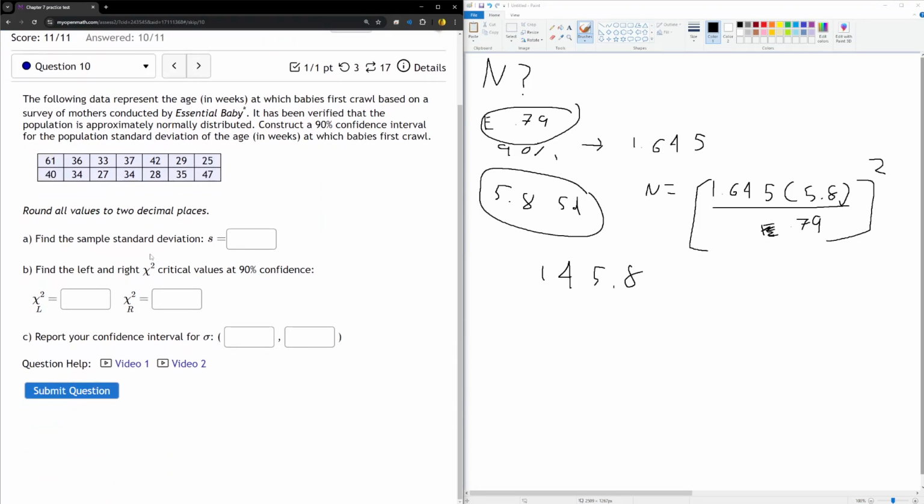Let me show you. Your calculator, stats, edit, clear list 1. If you don't know how to clear list 1, you click the up arrow, clear, enter. Alright, now you just enter in all the values.